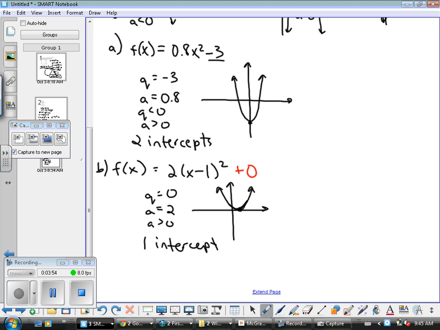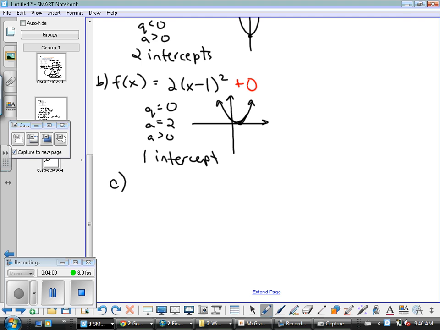And then finally, the last one, c, for this example: f of x equals -3 times x plus 2 squared minus 1. So I have an a value, that's -3, and a q value, that's -1.